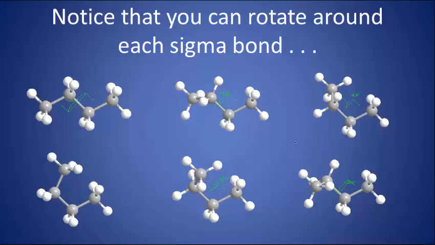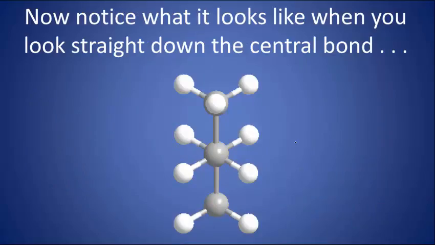And now if you look directly down the bond axis for any of those bonds, what I want you to notice is how atoms line up as you rotate around. So I made some models of this looking down the central carbon-carbon bond.